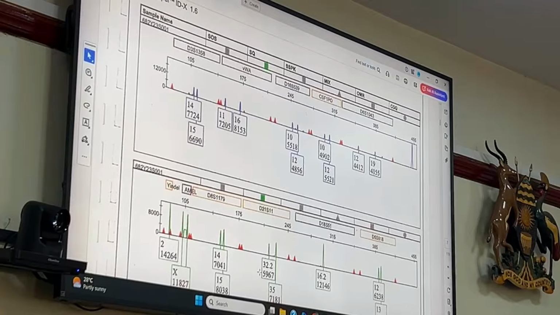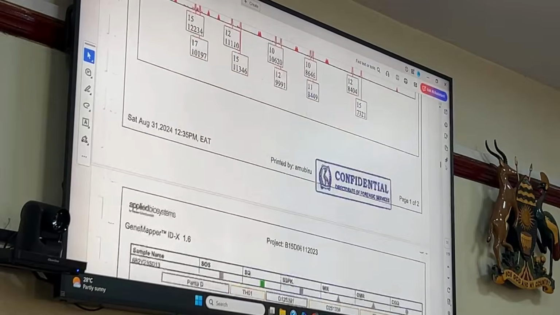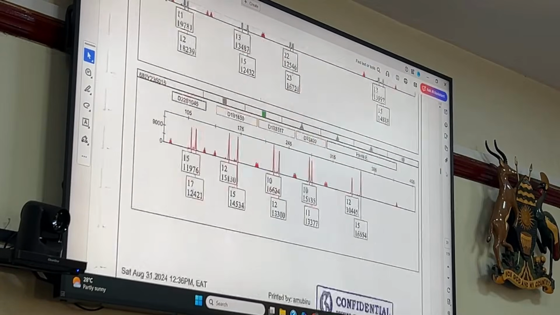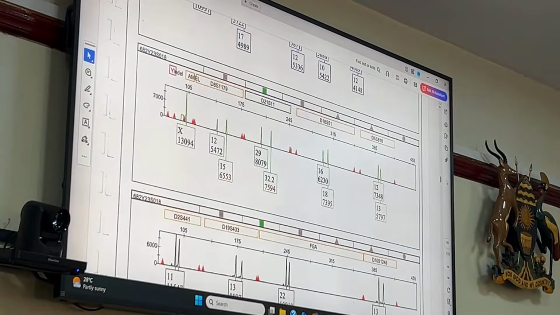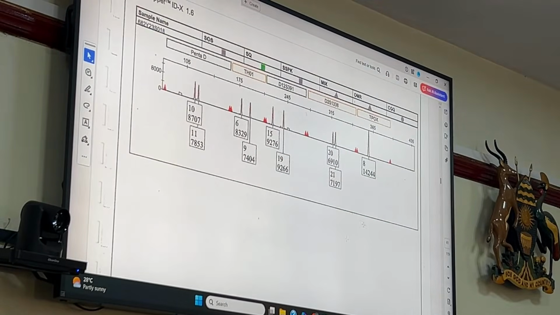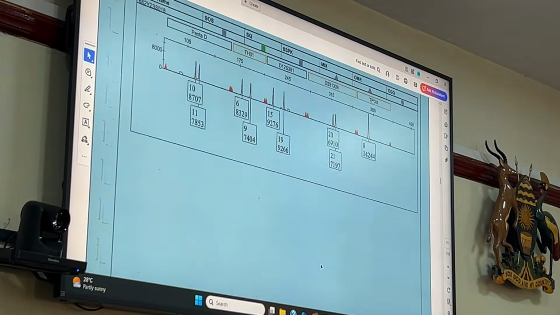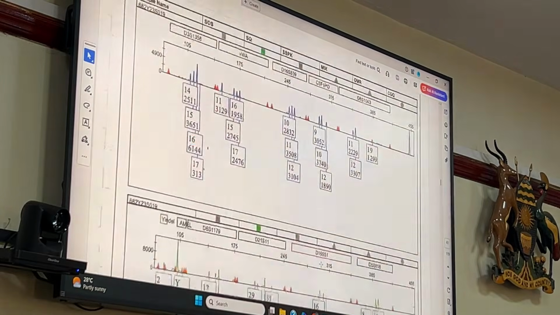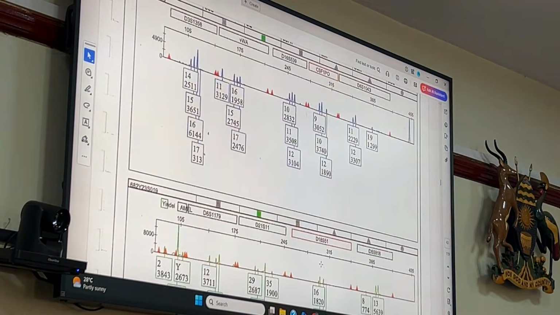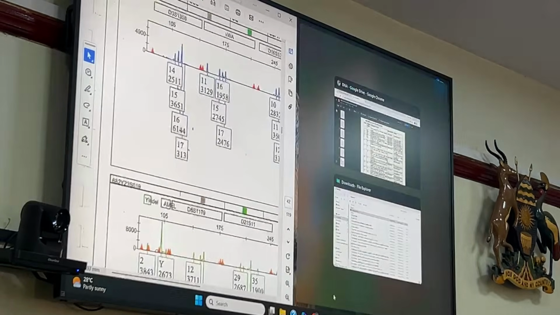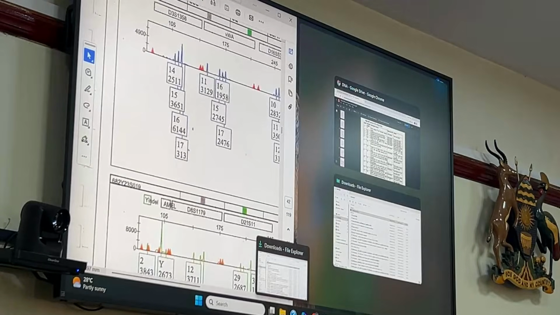No, I want you to go to the electrophoregram of 19. And then I want you to confirm if the results at location 1 are shared by Henry, Mole, and Patricia, just so we can understand what we're talking about.